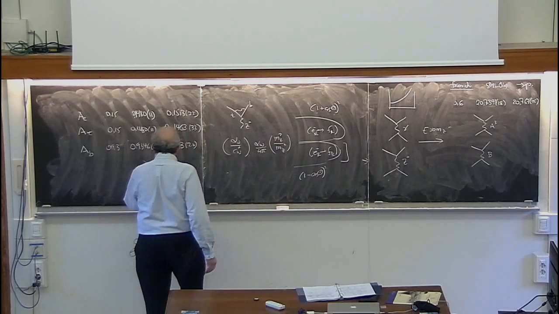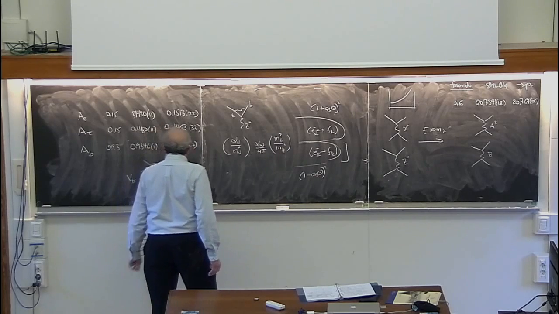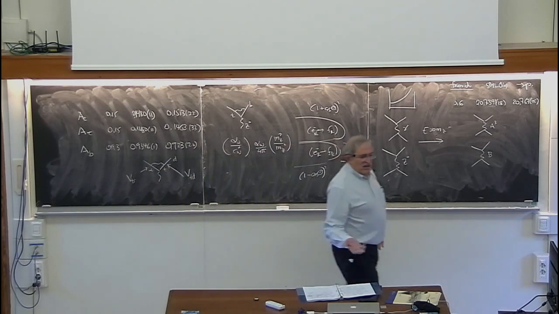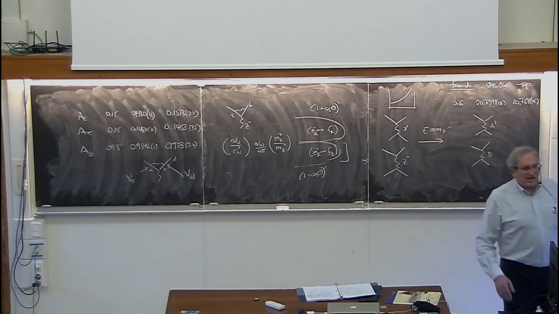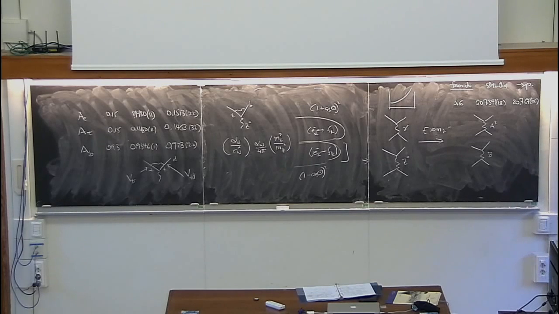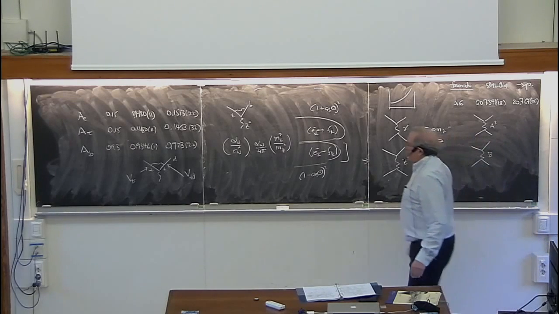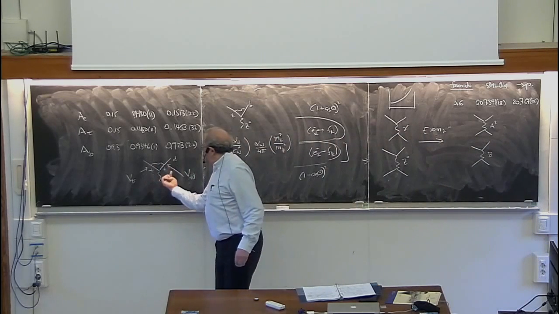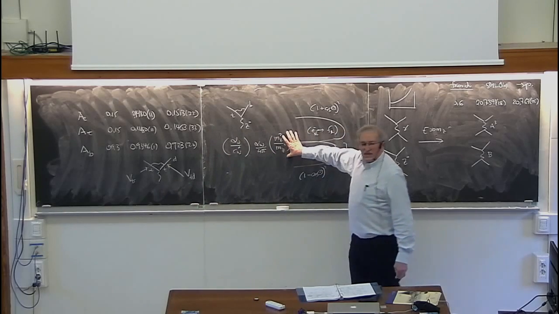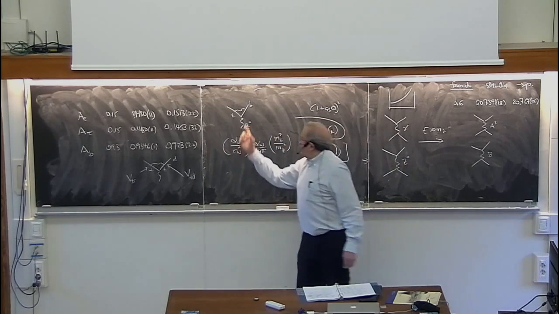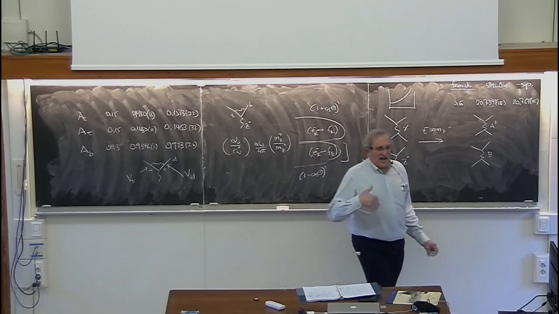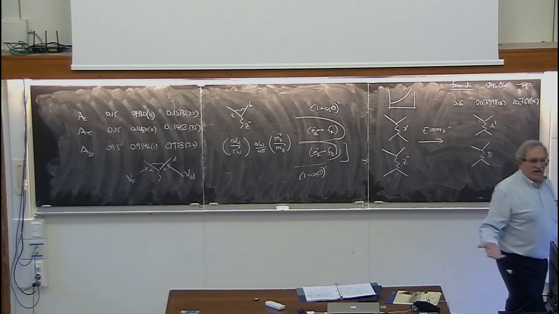Or V_ts, but it's still top. V_td is a very small number. There's a GIM cancellation. It's totally negligible. Or we can also have an up quark, but it's a small mass. But as I say, it's only when you have the top quark in the intermediate state that you get this enhancement. And only with the bottom quark is the CKM matrix element large enough that it's actually an important effect.